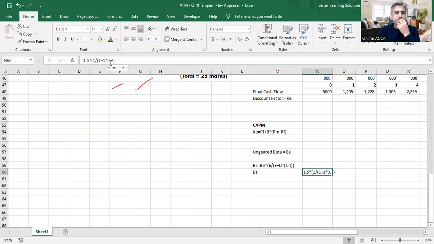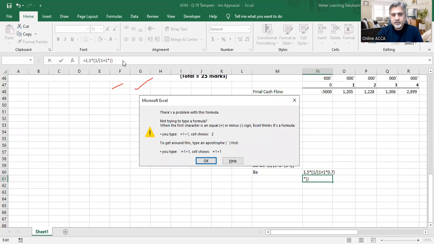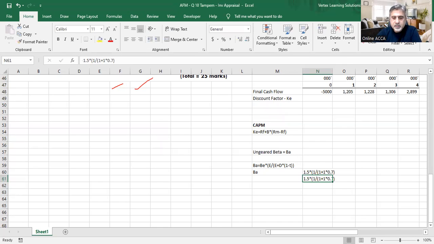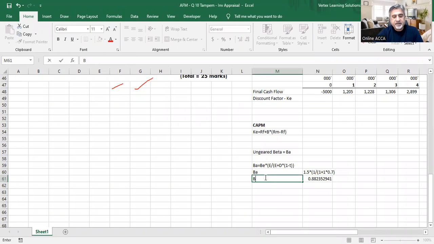Actually, not really, this bracket on the top is not needed, I think. Yes, this is 0.7, and I need to put one more bracket here. So there is one bracket at the end as well. So now my asset beta is 0.88.